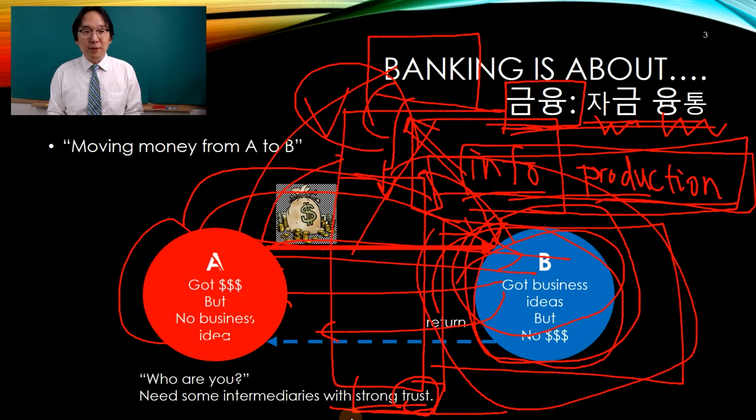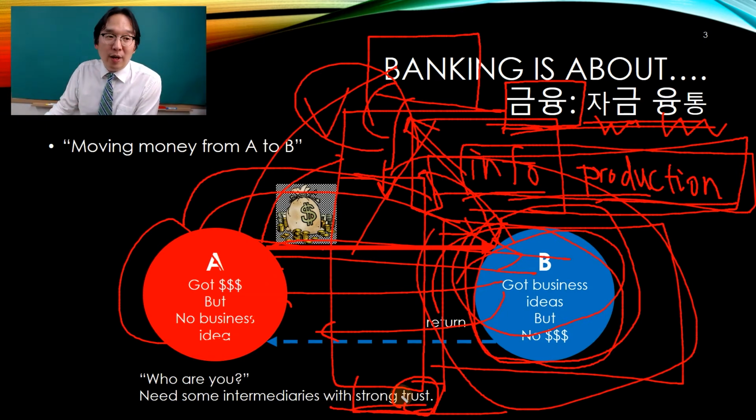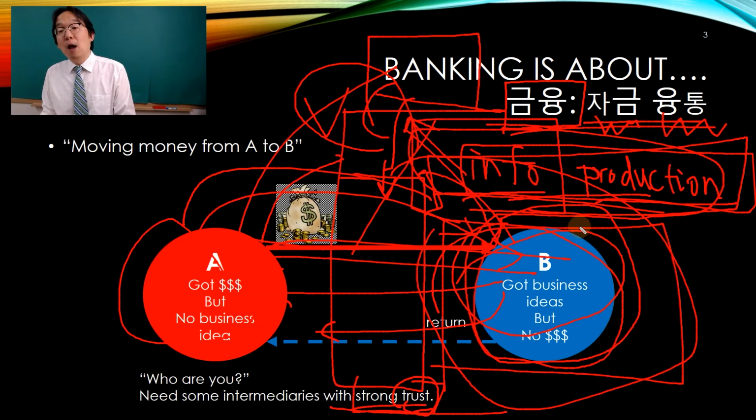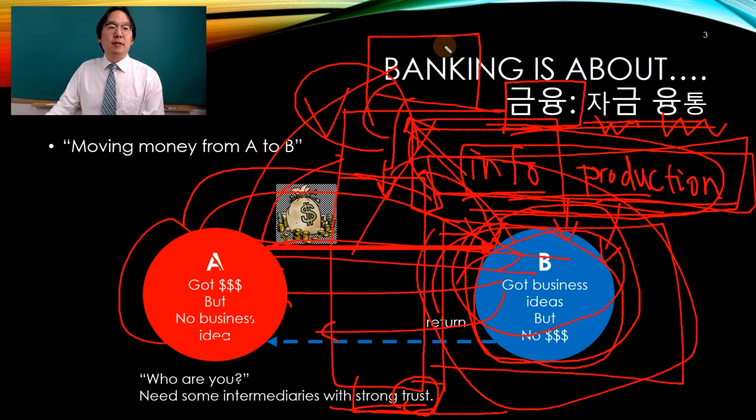Not a good idea. We need to educate them, right? Information production is a very, very difficult job, because you need to understand this business in a very solid manner, right? You have to be good at those industries. Anyway, information production is a very important function of banking, I told you, okay?